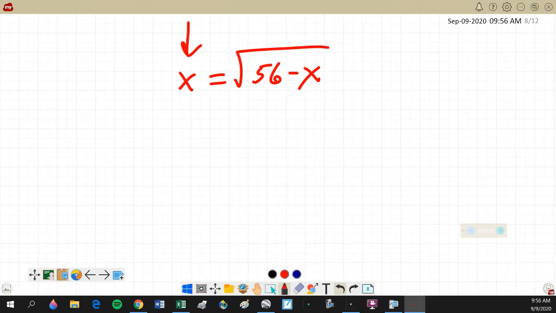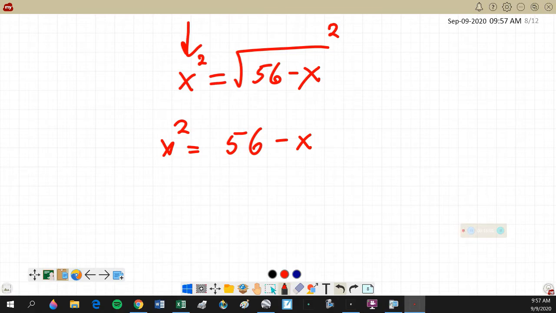So, we're just going to solve it, look at our answer, and then decide, does the answer work or not? So, we square both sides, and I get x squared equals 56 minus x. What should I do here? Why?